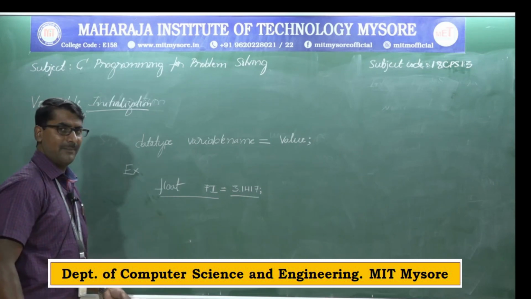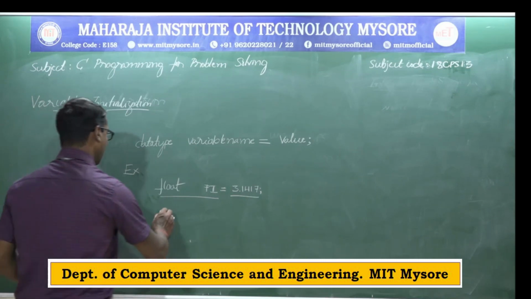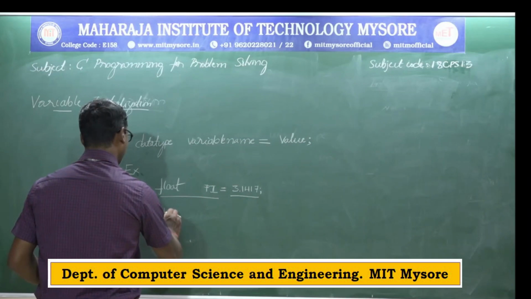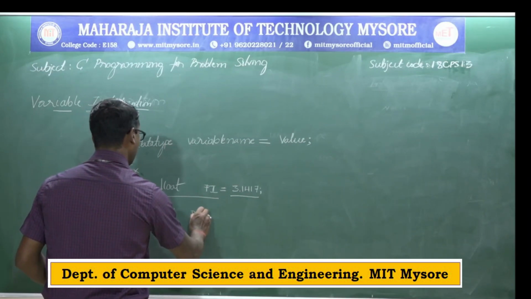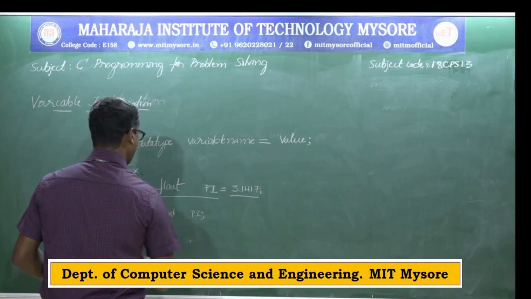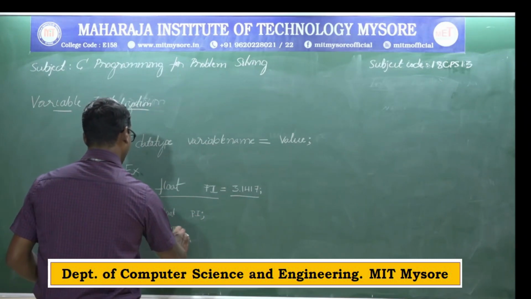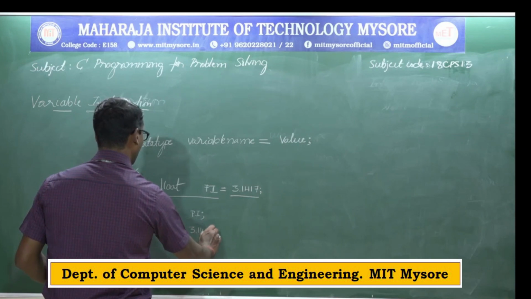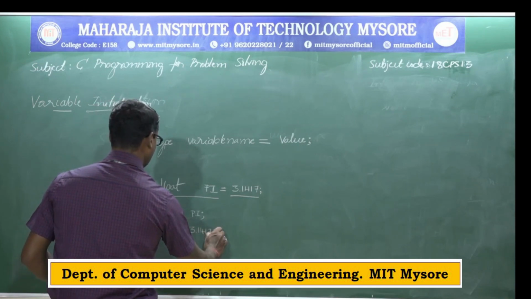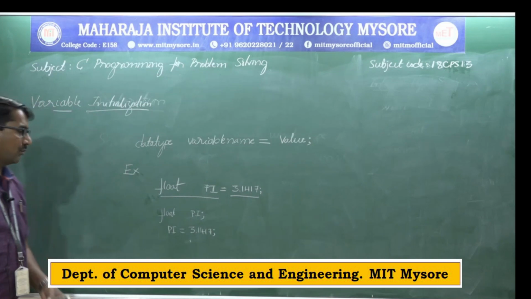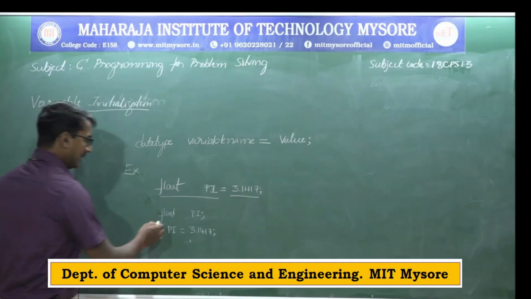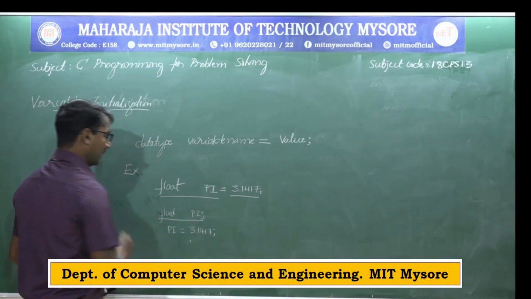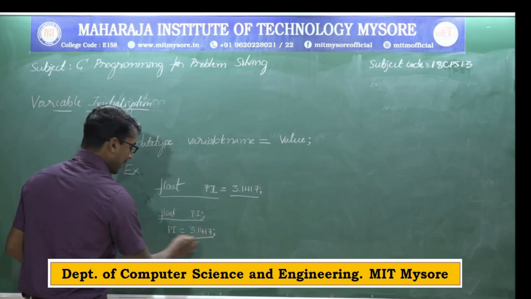We can also write the statements float pi; and pi is equal to 3.1417. This is also valid, but this is declaration and this is assignment.